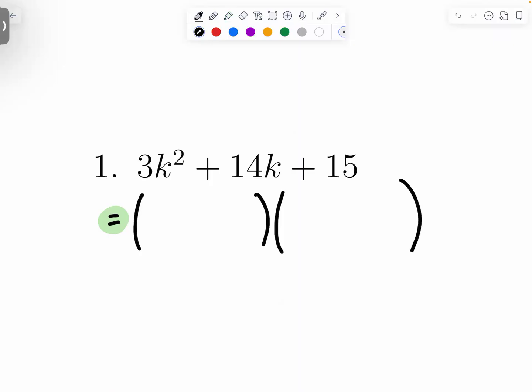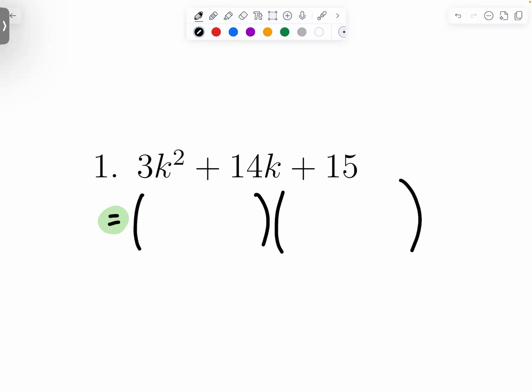I think there was one question on the next page that might not be able to factor like this, but sure, we'll get to that in a moment. So we assume that we're going to have two sets of parentheses, okay? What kind of information do we know for sure? There are two pieces of information that we know for sure.